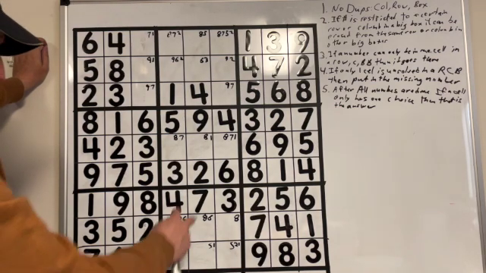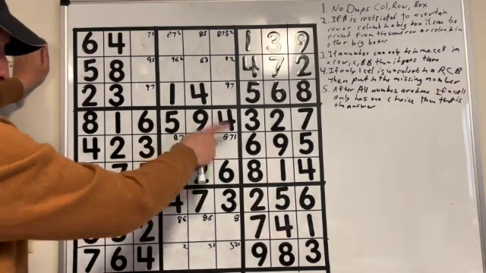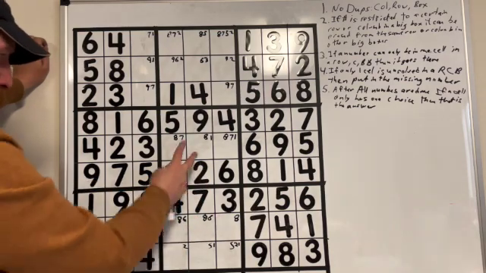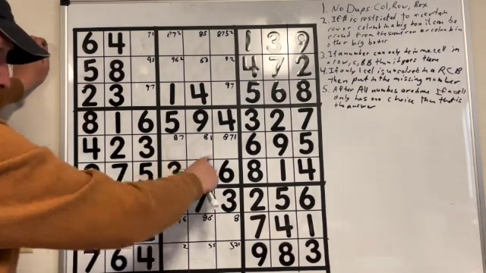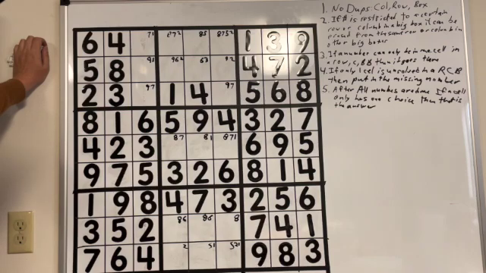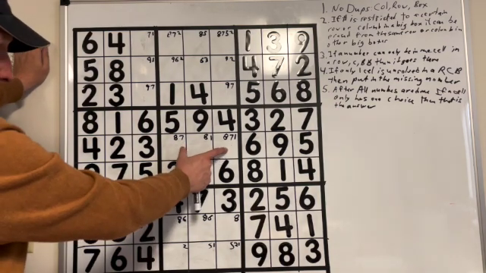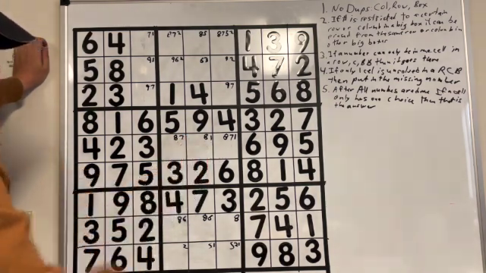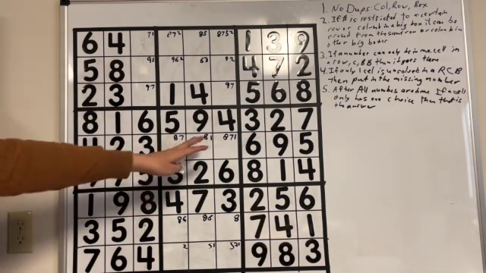But there's actually 2 places that 1 can go in this big cell. And there's 3 places the 8 could go, so we don't have any help with the 8. And there's 2 places that the 7 can go. So we can't solve anything with this, but I want to point out the numbers here.